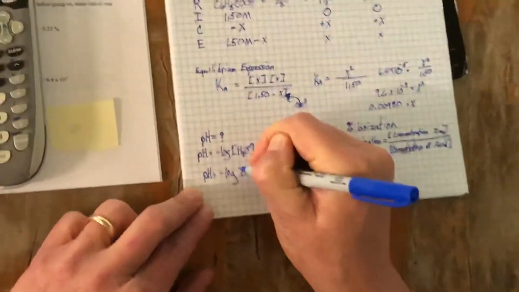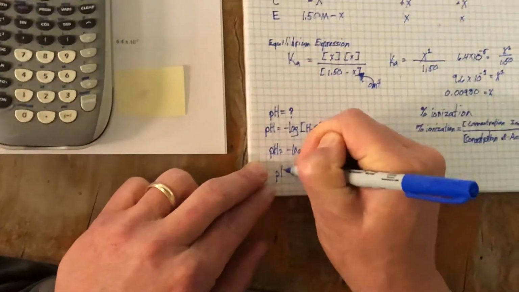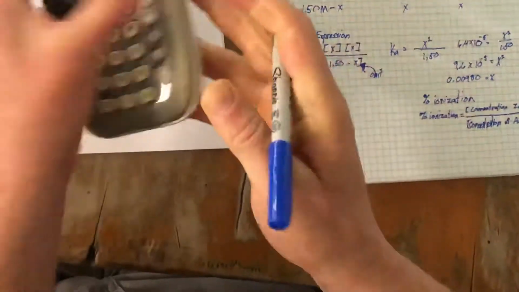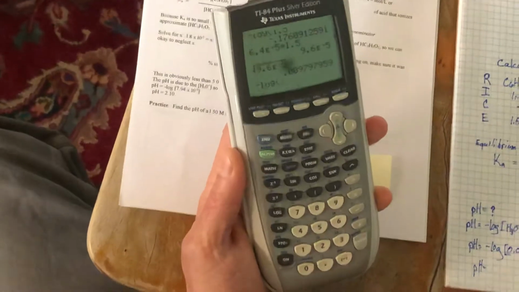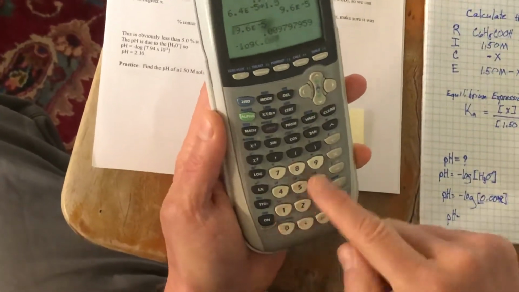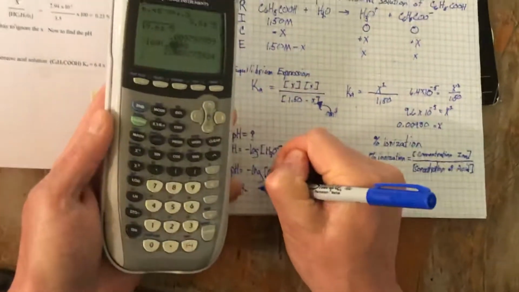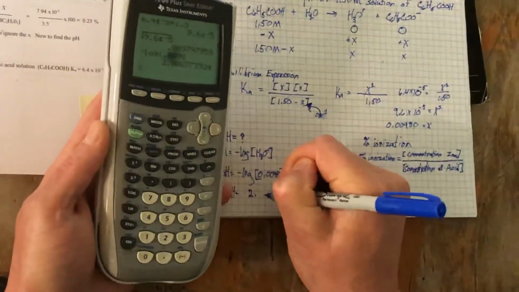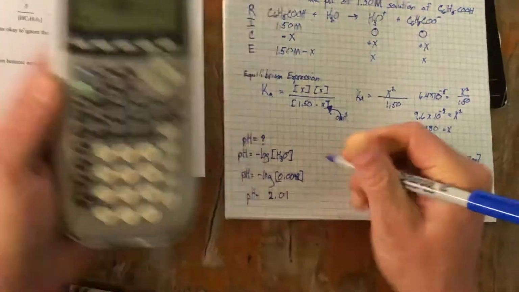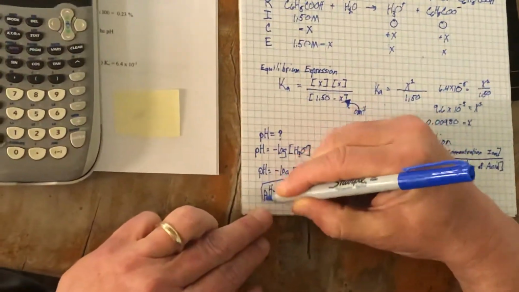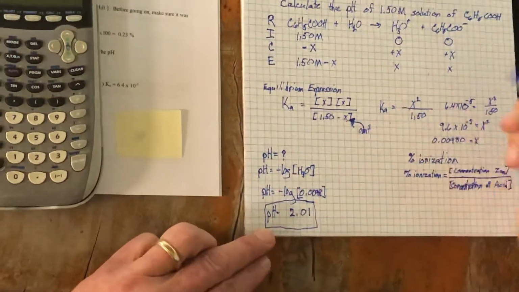And when I do that, that will give me the pH. So I'm just going to simply say negative log of 0.0098, and I'm going to get an answer for my pH of 2.01. And that is how you determine the pH.